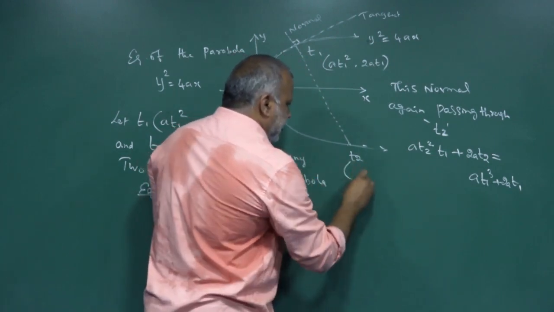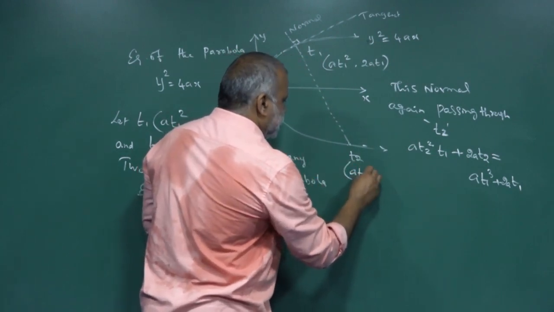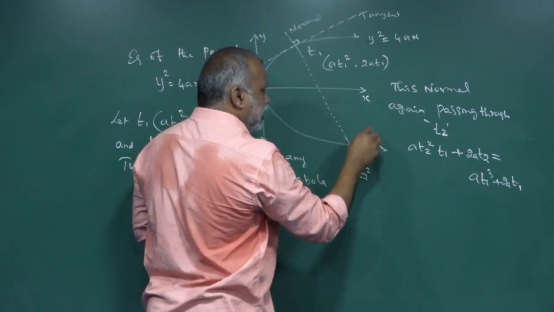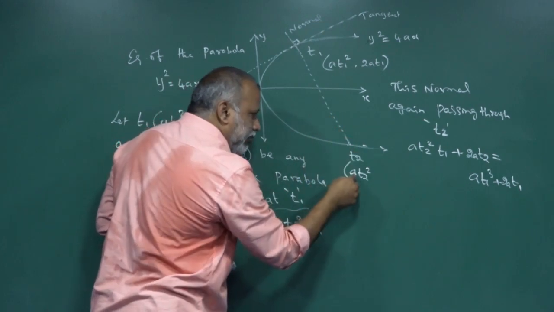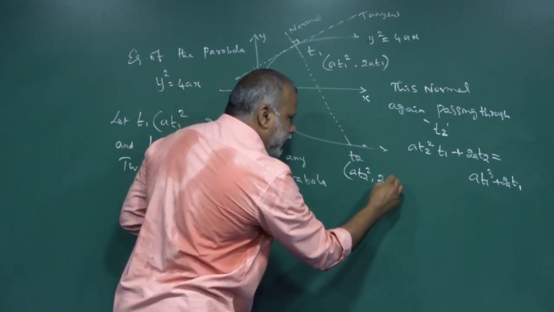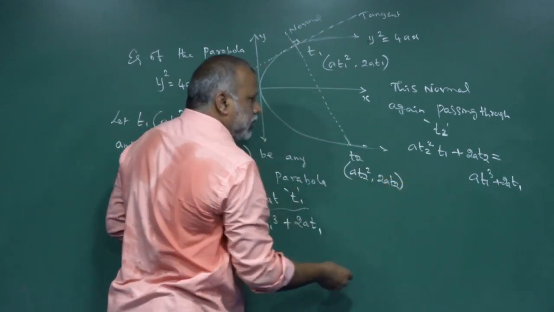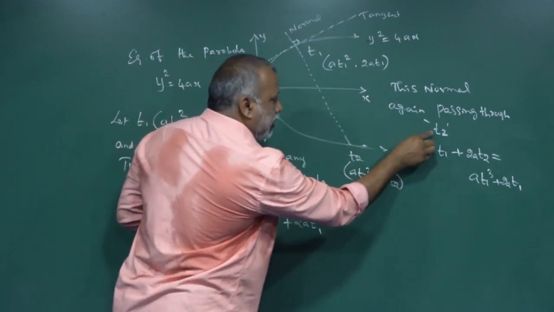This is the equation of the normal at t1. Again, this is passing through the point t2, that is (at2², 2at2). So this equation is again passing through the point t2.